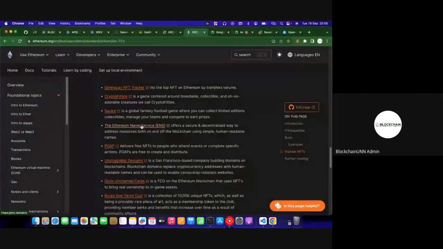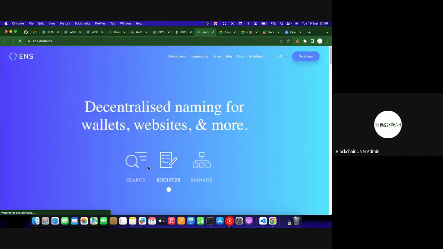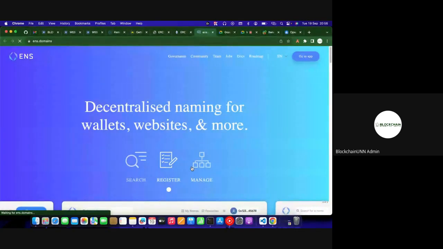There's also the Ethereum Name Service, which is one of the first implementations of NFTs a lot of persons within the ecosystem would encounter. Think of it as a DID, a decentralized naming service for wallets.